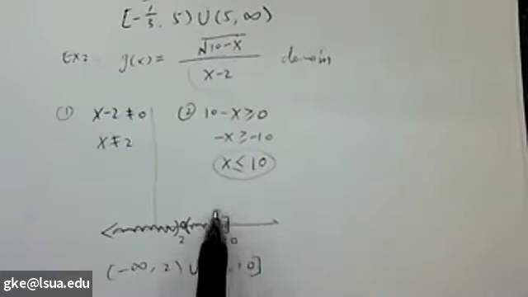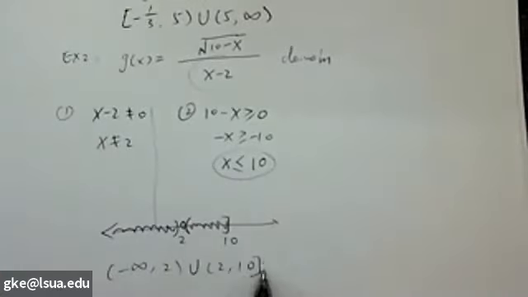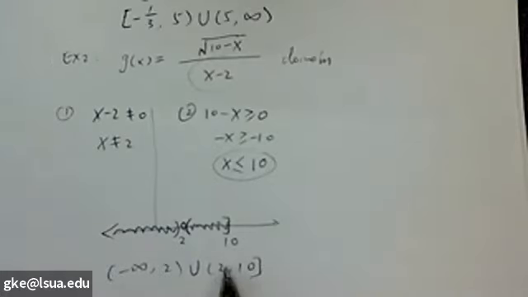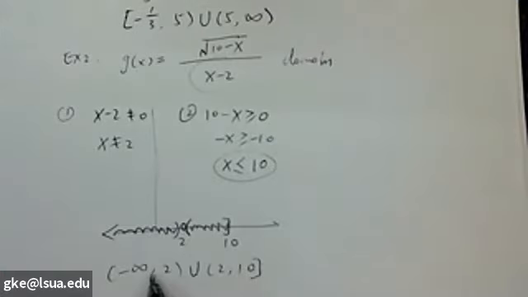And be careful, here the 10 is included, right? 10 is included, so we put a square bracket. Doesn't matter which way we write the answer, but I suggest you start with the smallest to the largest.